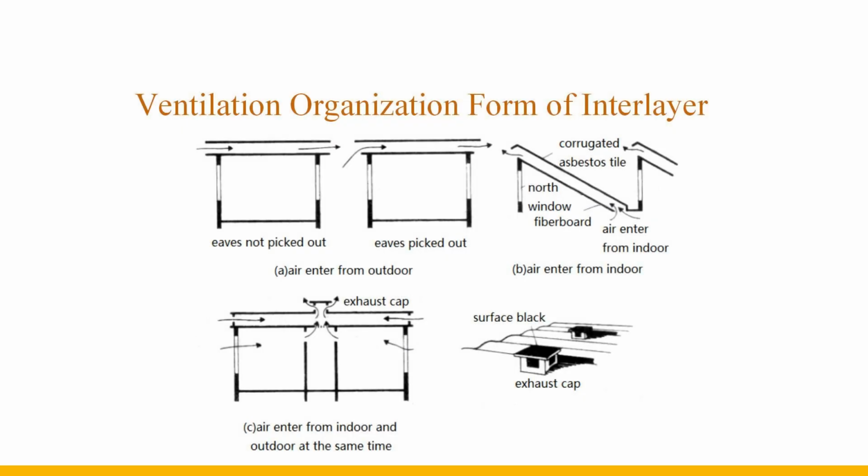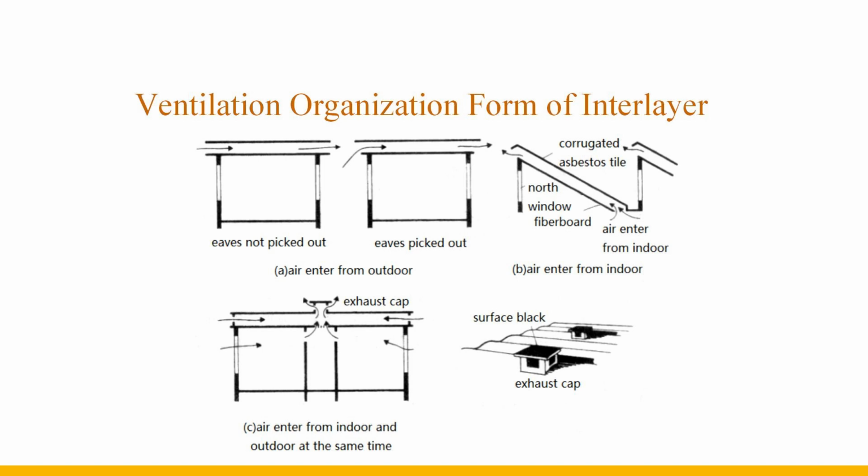This is the air organization form of the ventilated roof. The wind pressure is used in Fig A, the thermal pressure is used in Fig B, and both wind pressure and thermal pressure are used in Fig C. In order to increase the thermal pressure, an exhaust cap can be installed in the middle of the horizontal ventilated roof to increase the temperature difference between the air inlet and outlet.